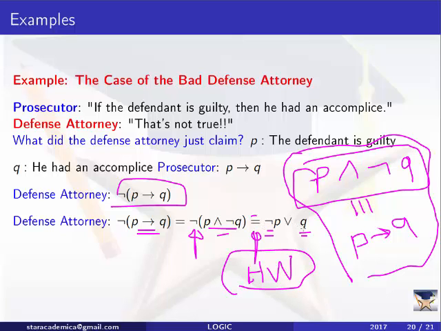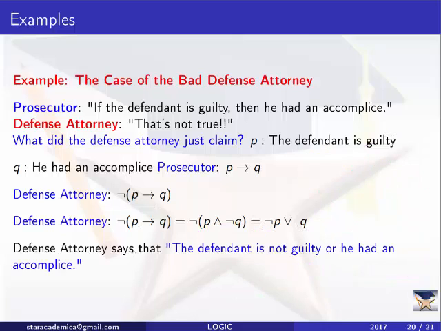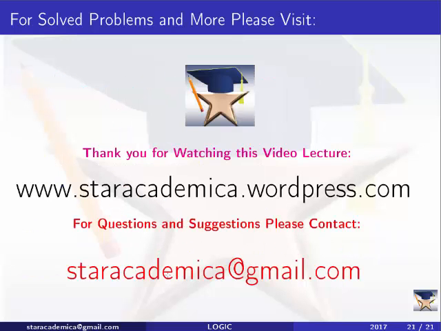So not P or Q, what does this mean? In English, the defendant is not guilty, not P, or he had an accomplice. Now, if you see this logical result, it brings suspicion. It's still an or, it doesn't claim directly, but it's a suspicion that he had an accomplice.